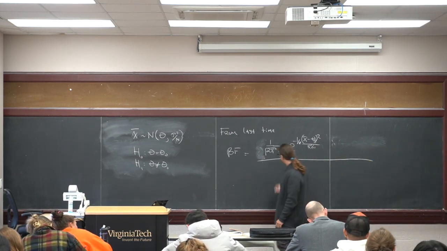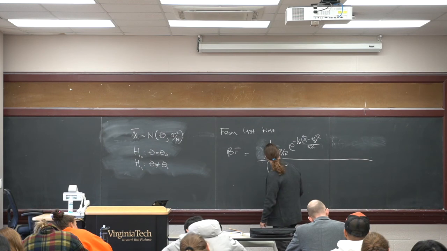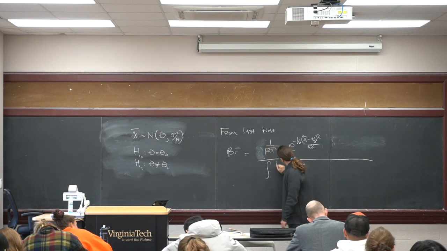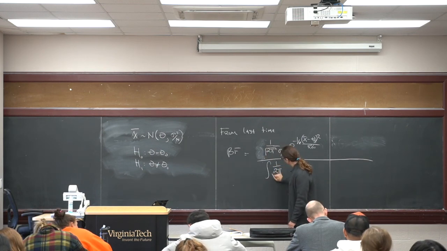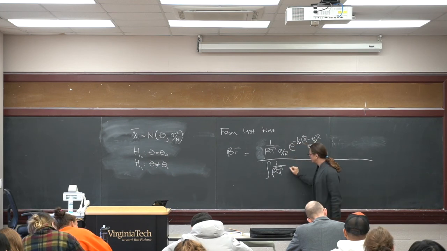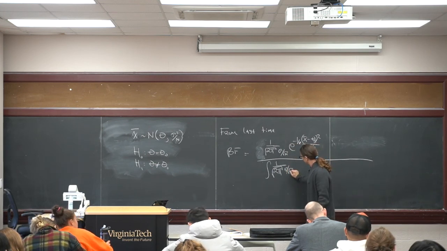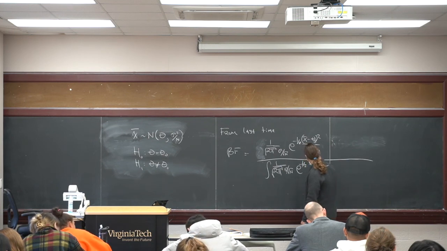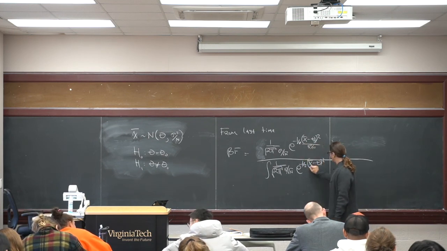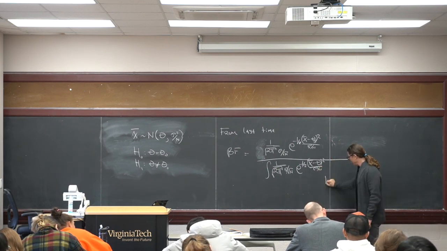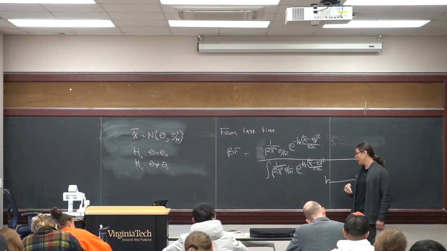And then we have this other integral down here, where we have the same sampling function, or if you like to think of it as a likelihood, e to the minus 1/2 x bar minus theta squared over sigma squared over n. And then I'm going to integrate with respect to the alternative prior.